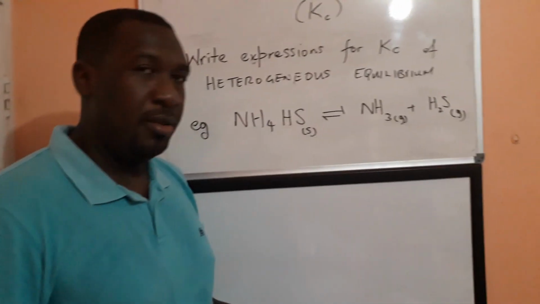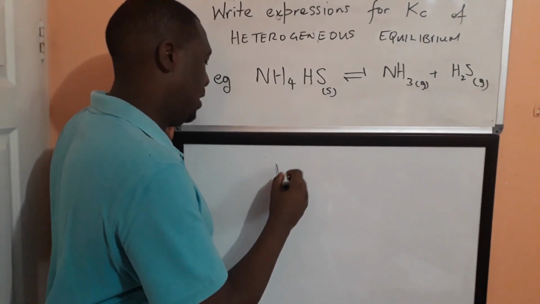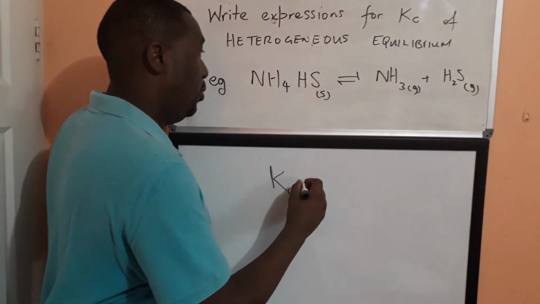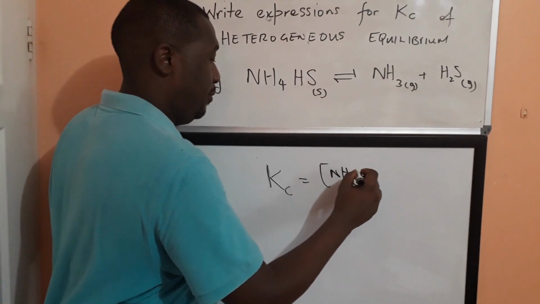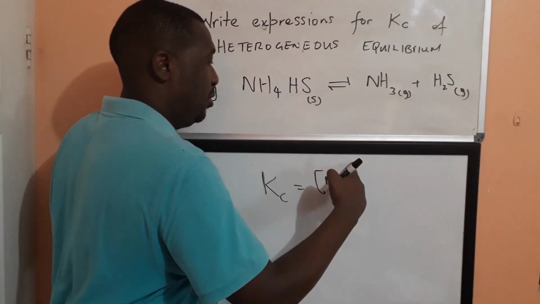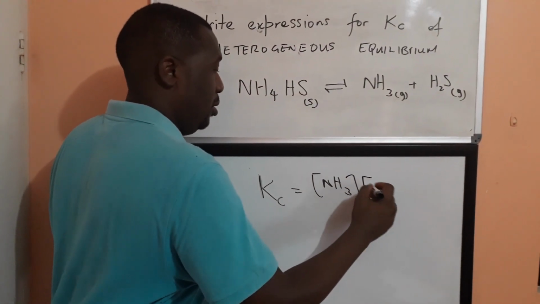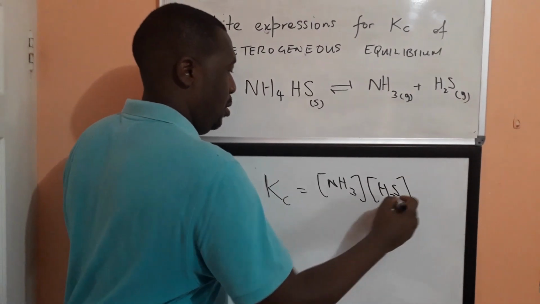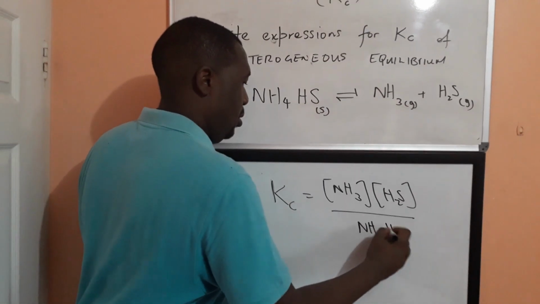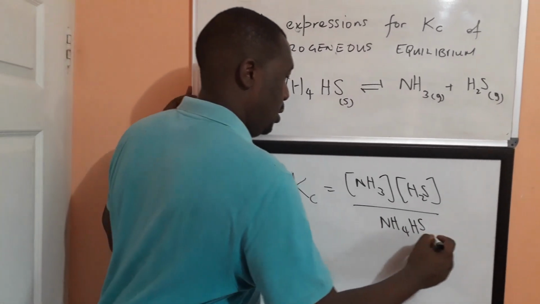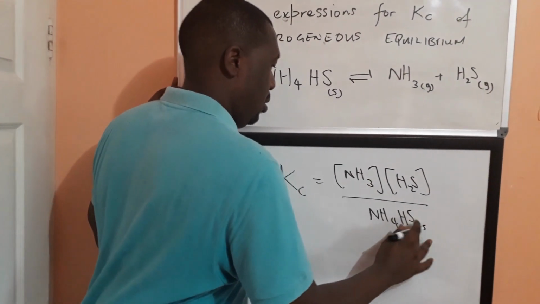So, therefore, their concentration is a constant throughout. Now, what does that mean? Kc for this system will be equal to the product's concentration raised to the stoichiometric coefficient, which is 1, over the reactant concentration. It's a solid, though.